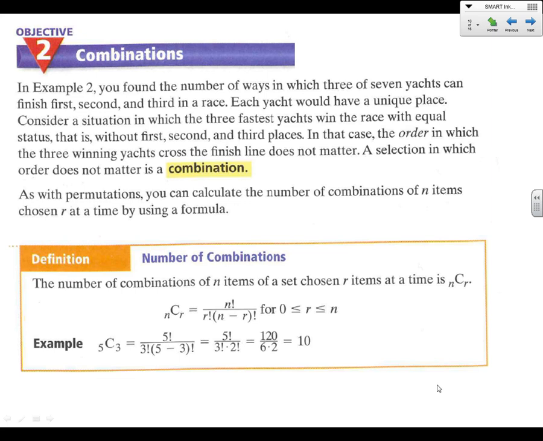And so if we were to write this out, you would get 5 times 4 times 3 times 2 times 1 in the numerator. In the denominator, 3 factorial is 3, 2, 1. 2 factorial is 2 times 1. Those would cancel, but also the 3 would cancel. So 5 times 4 is 20, but over 2, and we get 10.